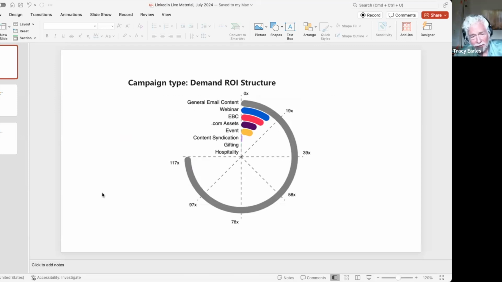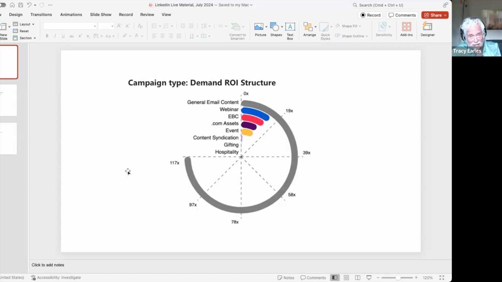We bring customers into this dedicated facility where they can meet with senior leaders of the company and technical experts and things like that. .com assets are specific assets on our website that are designed to convert. Not everything on the website is designed to convert, but we have free trials and things like that. Events should be self-explanatory, and then we have content syndication, gifting, and hospitality.